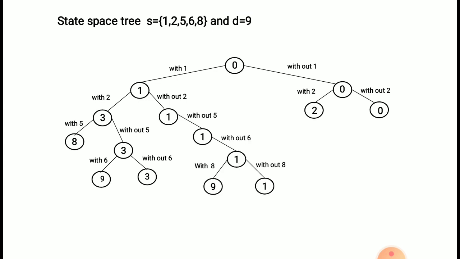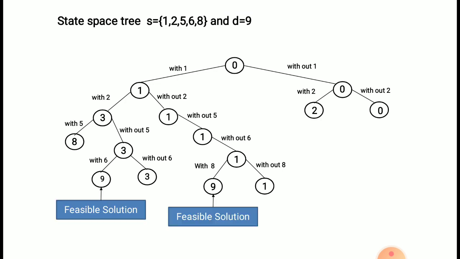And in one more place, for the sum 1 without 5 and without 6, if I take the value 8, then we'll get the solution. So here we have two feasible solutions: one is 1, 2, 6, that is 1 plus 2 plus 6 equals 9, and another is 1, 8, that is 1 plus 8 equals 9.